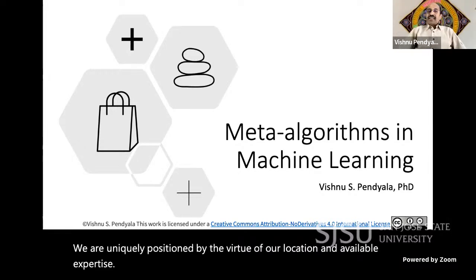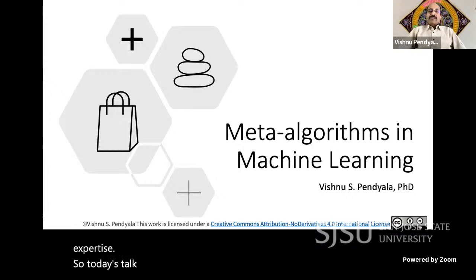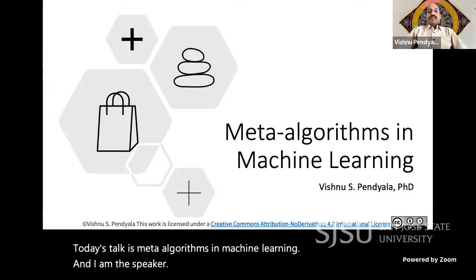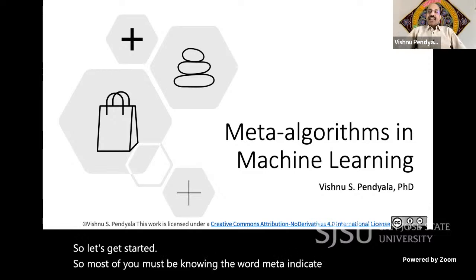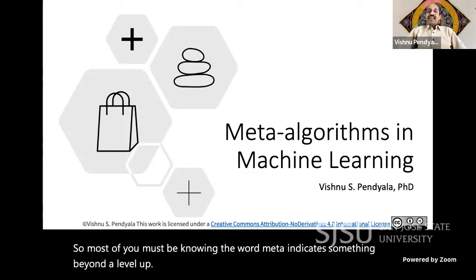So today's talk is meta algorithms in machine learning. And I am the speaker. So let's get started. Most of you must know the word meta indicates something beyond, a level up, or a higher layer.